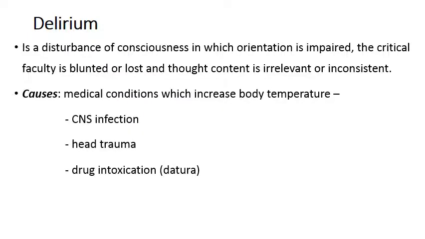Causes for delirium are any medical condition or physical condition wherein the body temperature is increased to a great level, such as it could be a CNS infection, or there may be head trauma, or even the person may be under a drug intoxication. Example would be datura, wherein the person goes into a stage of delirium.